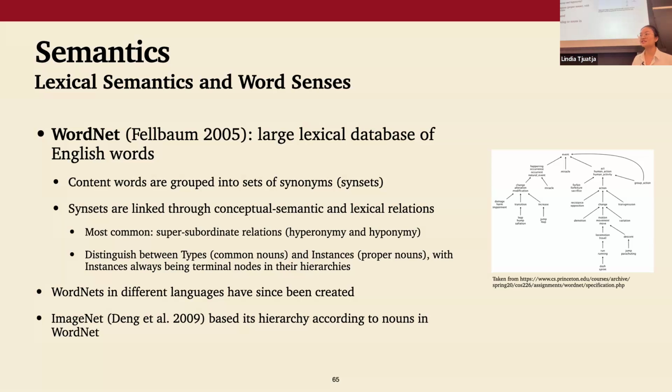An interesting consequence of WordNet was ImageNet, which based its hierarchy of images on the groupings of nouns in WordNet. One caveat I have is that because WordNet was constructed with English and with very specific annotators that spoke a certain type of English, your hierarchies are not going to map very well conceptually across cultures and languages. So that's one consideration to be made about grouping words in this way.